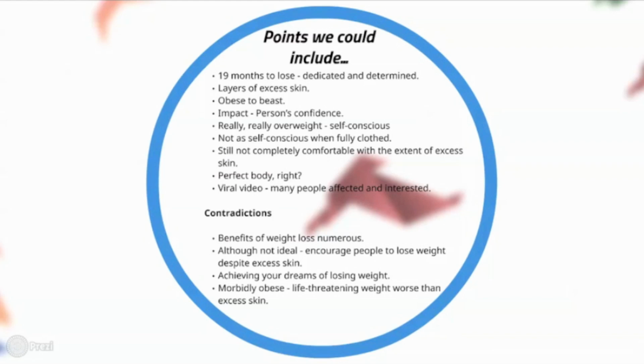So the pros and cons of being overweight and losing the weight. You could talk about achieving your dreams of losing weight. And you could talk about him being morbidly obese, so the fact that it was a life-threatening weight and it's worse than the excess skin. So you would talk about how the thoughts and feelings of the writer are such that although he's really pleased he's lost the weight, he's still not entirely happy with the way he is.